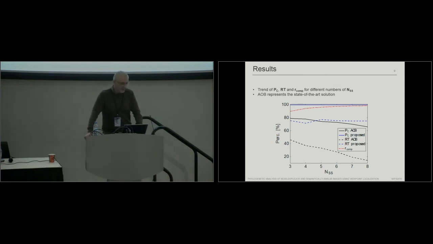Also in this case, it is possible to see that the number of correct roots decreases when the number of viewpoints increases for the state-of-the-art approach, while we maintain about 80% of correctly detected roots for all the possible numbers of viewpoints that we are considering.